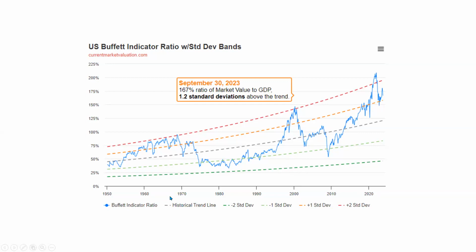Then if we go back to the 60s, we can see the 60s and early 70s where we were. And then on the flip side, here's the great financial recession where we got well undervalued. So it looks like undervalued.